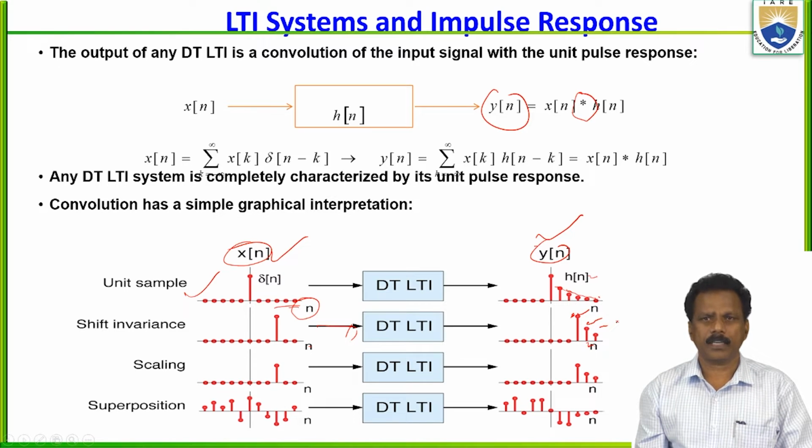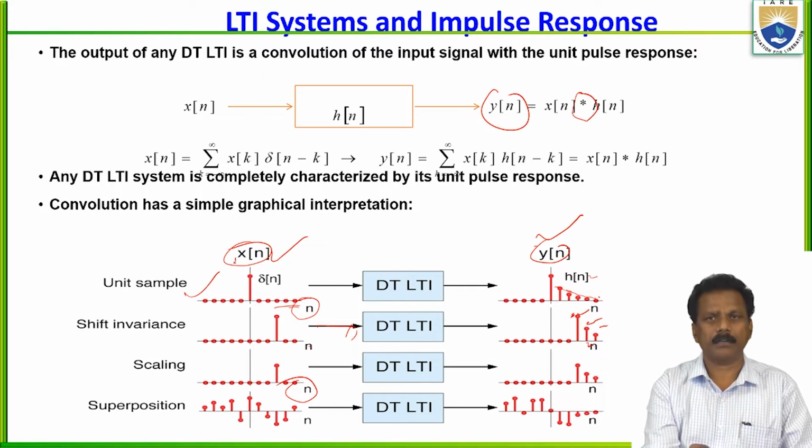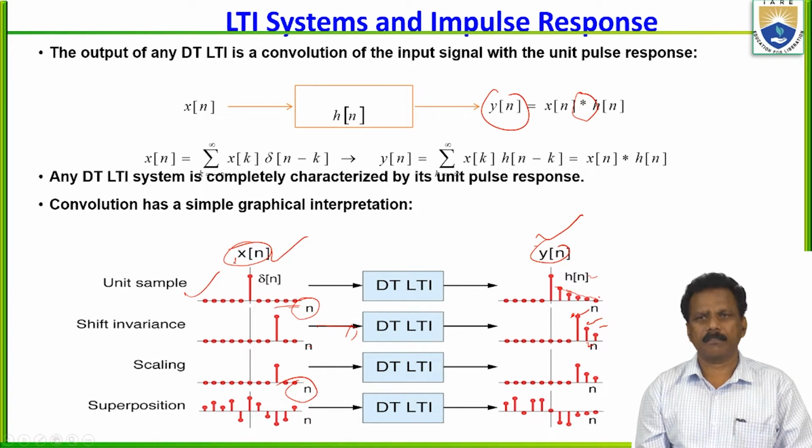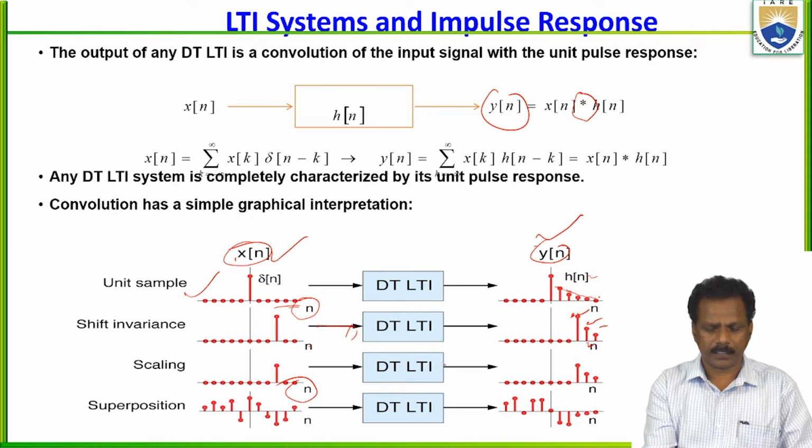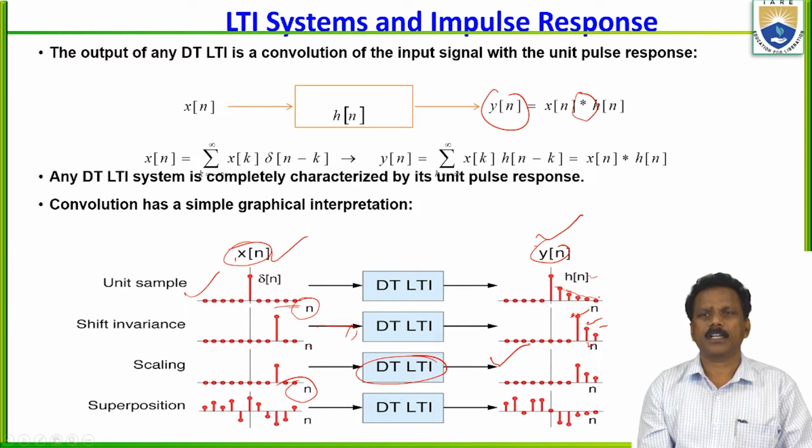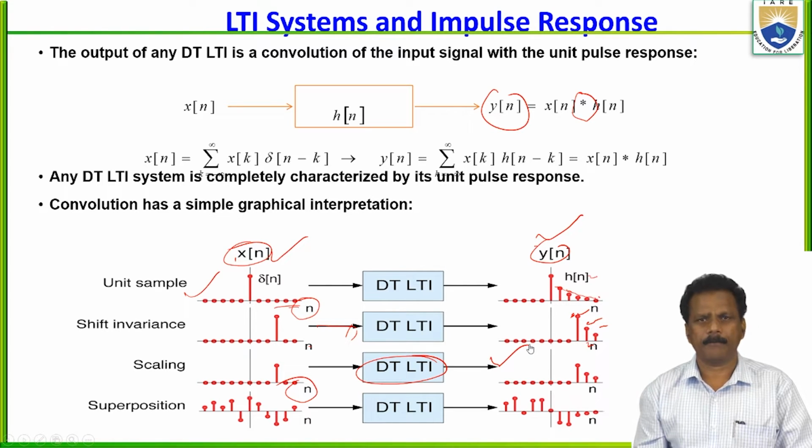Next, scaling. The convolution's simple graphical interpretation also depends on scaling. The scaled input, n versus x of n, is given to the DT LTI system, and we expect the output response graphically, n versus y of n.